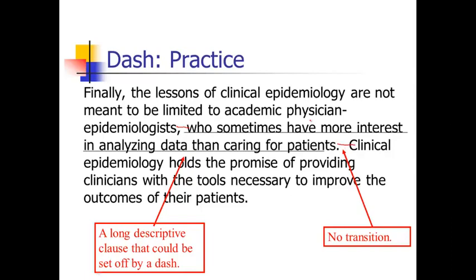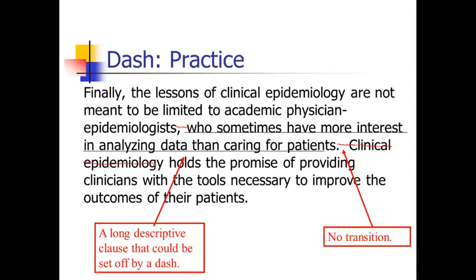And then there's a lot of things that you can notice in a sentence that could be fixed. Obviously, if I have clinical epidemiology here and clinical epidemiology here, I'm going to be able to cross out the second use of it, because now it's a single sentence, and I don't need to repeat it. You notice a few other things. We get this awkward phraseology, are not meant to be limited to.